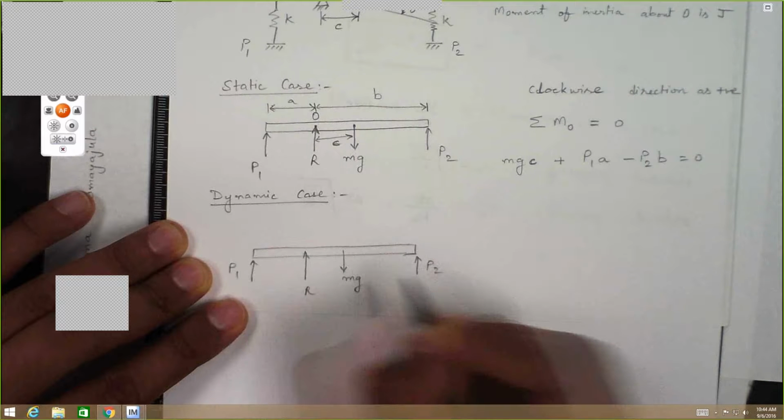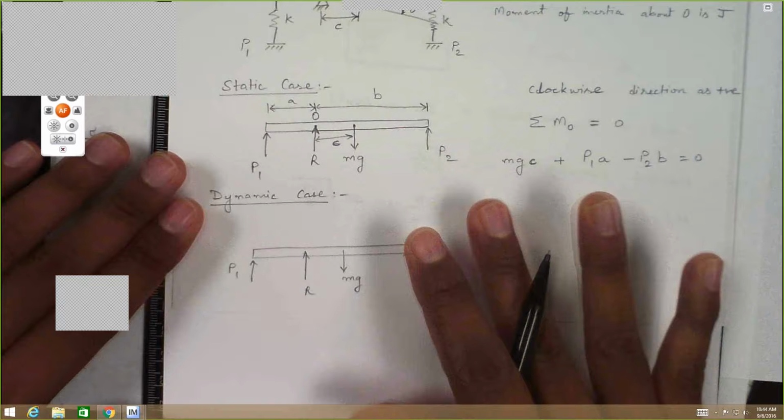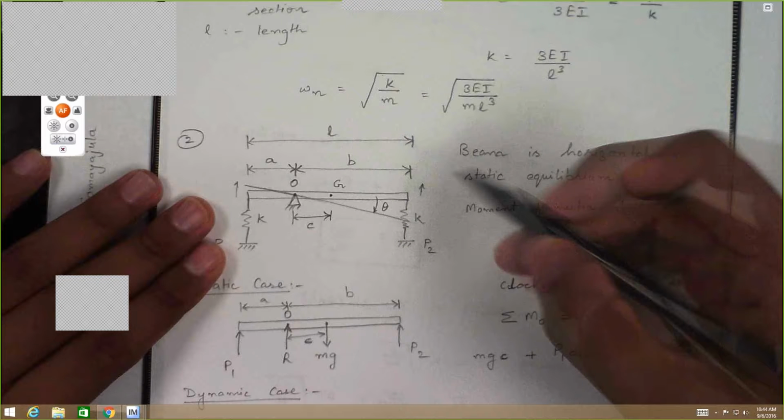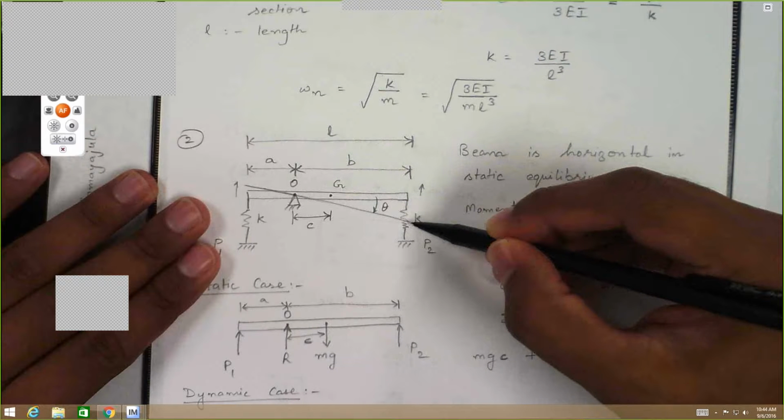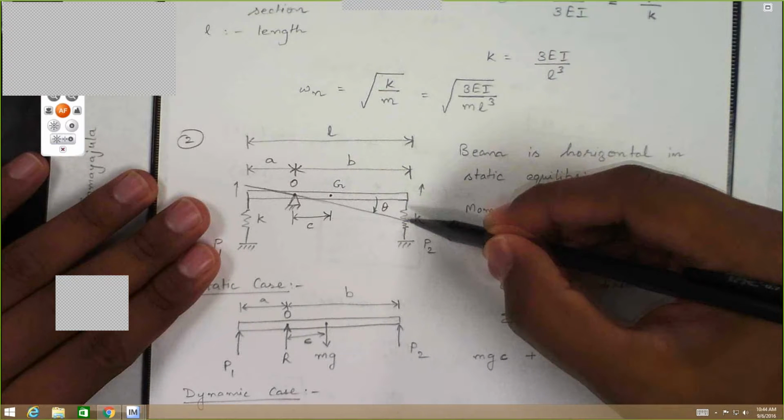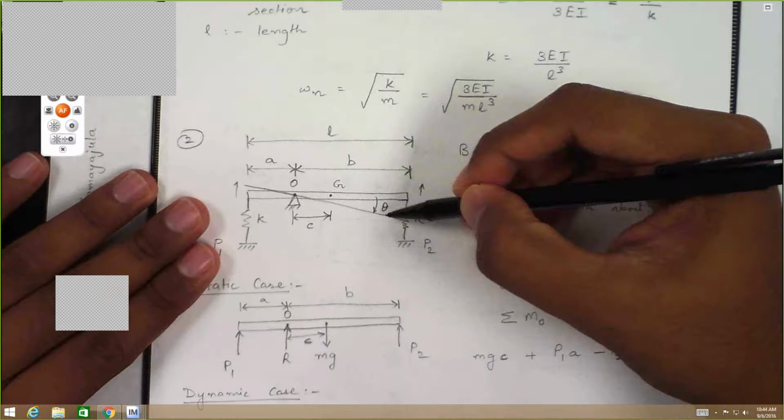But now we also have additional forces. Because we displaced the beam by angle theta, the spring force will increase by whatever deflection is here. And that deflection is nothing but B times theta.